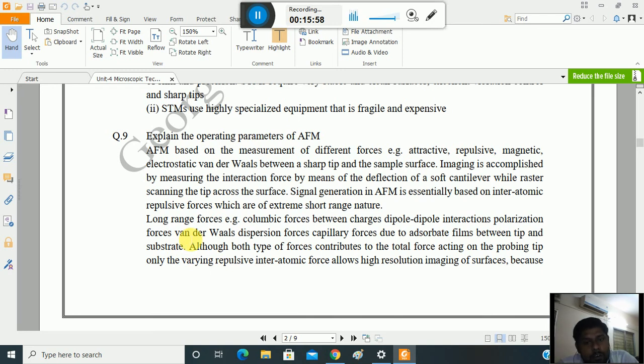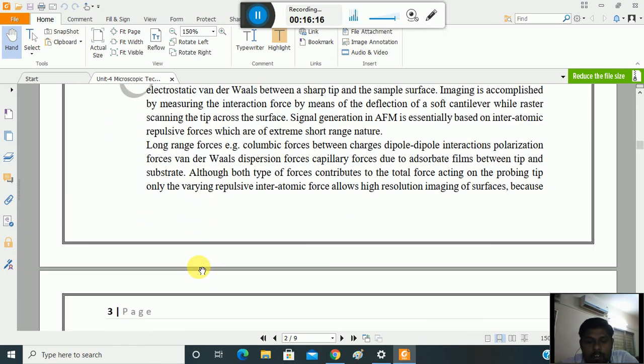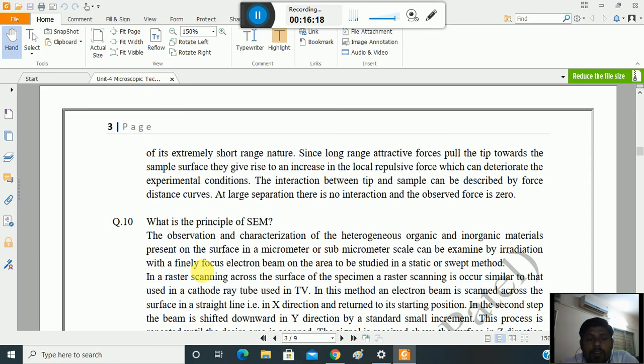Those are long range forces, those are short range forces. Both types of forces contribute to the total force acting on the probing tip. Only the varying repulsive interatomic force allows high resolution imaging of the surface because of its extremely short range nature.